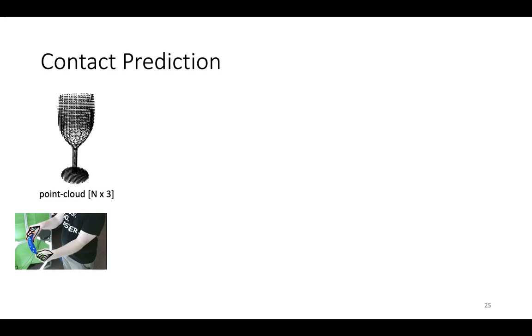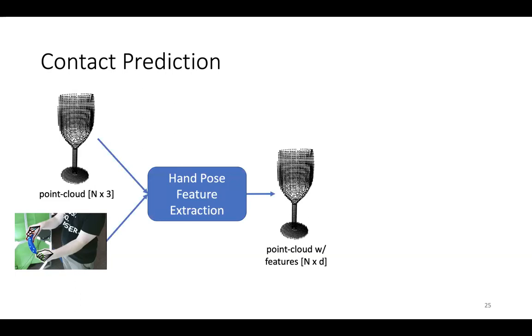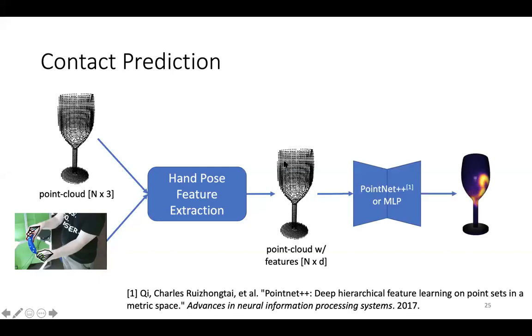And then given the object shape and this context, we extract some features which are representing this grasp and associate those features with each point in the point cloud, and then use off the shelf algorithms like PointNet++, or even we've had success using just a simple shared two layer MLP, which is just individually applied for each point. So you can train these neural network algorithms to be able to predict contact. So this is the problem setup.